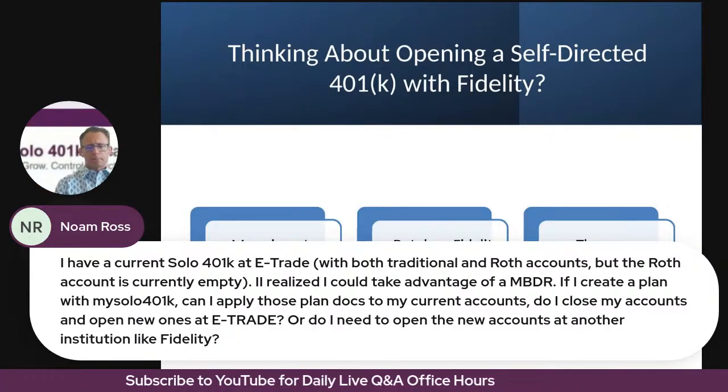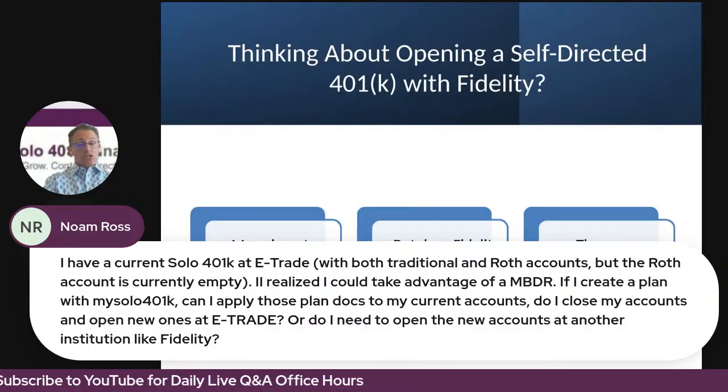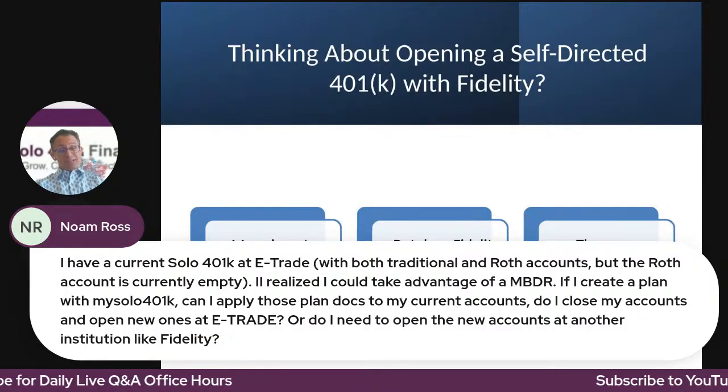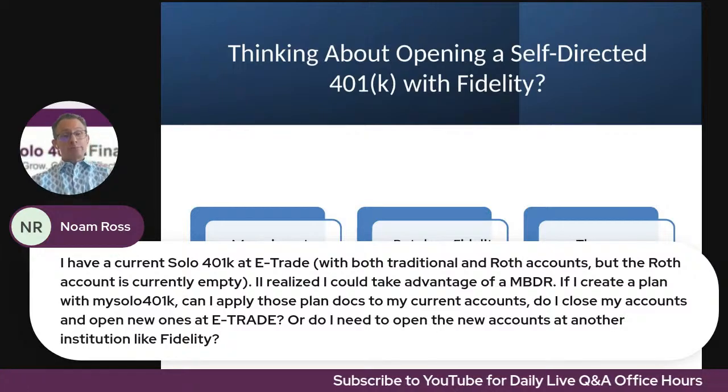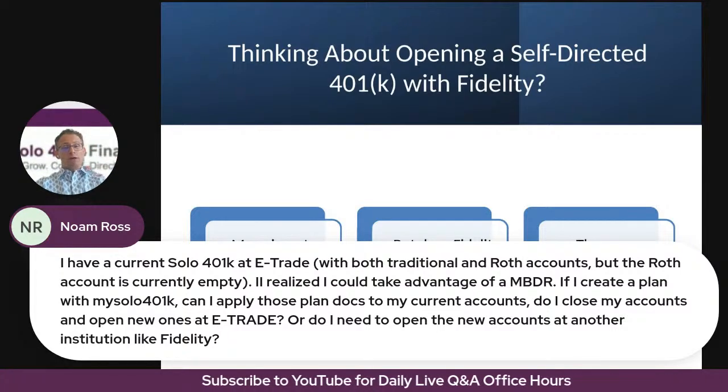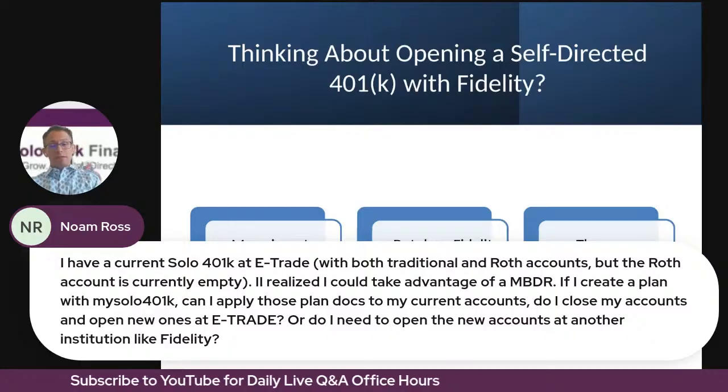Great question. So you would not be able to continue with those existing E-Trade brokerage accounts because those brokerage accounts are specific to the solo 401k plan offered by E-Trade.